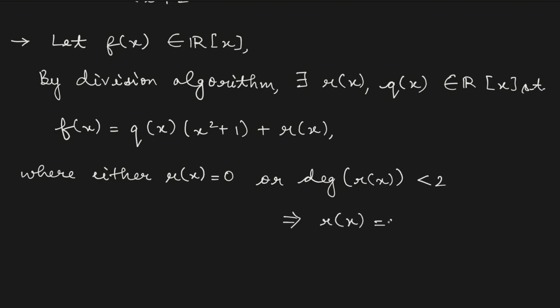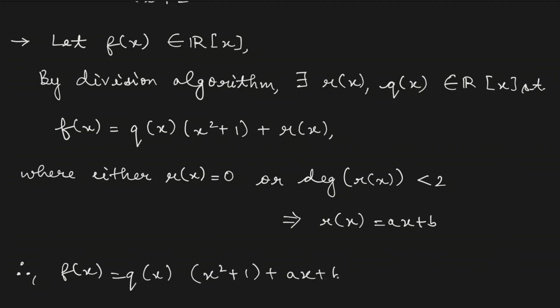This means r(x) will be of the ax plus b type. Therefore, f(x) is equal to q(x) times x squared plus 1, plus ax plus b.